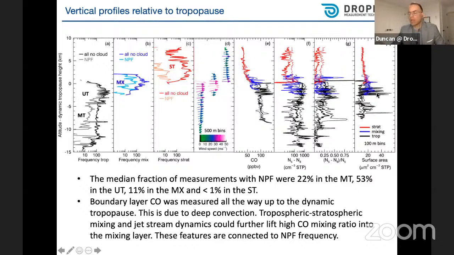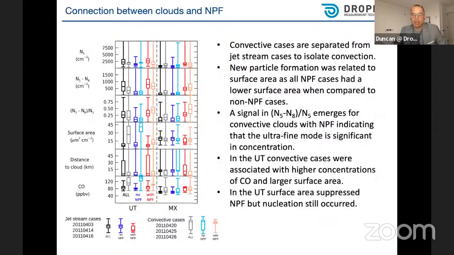So this became a little complicated to untangle. And I had to separate the convective cases from the jet stream cases because dynamically these clouds are very different. The jet stream clouds are dynamically more stable and less turbulent than the convective clouds.